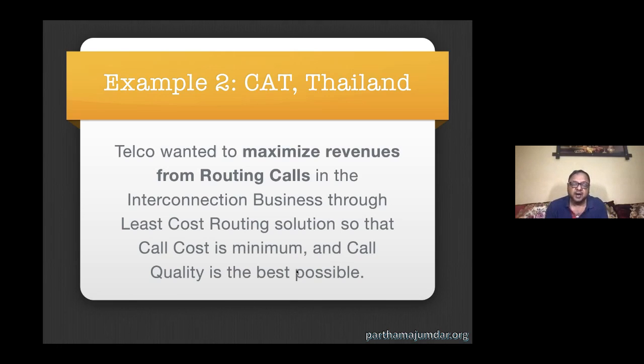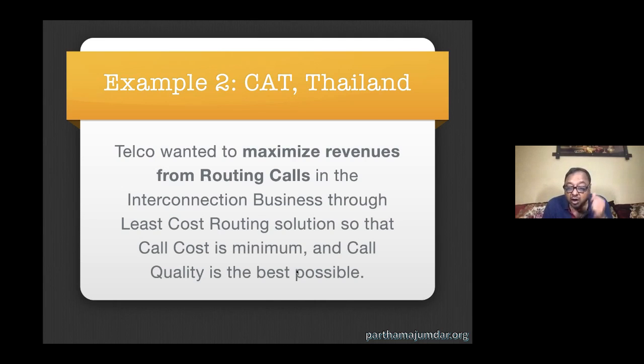The simplest way to understand the interconnection business is to understand the example of how you make international calls. Supposing a person is making a call from New Delhi to, let's say, New York. This person will most probably have a mobile phone or a fixed phone, that doesn't matter. So let's say the person has a mobile phone from Airtel, and he is in New Delhi.